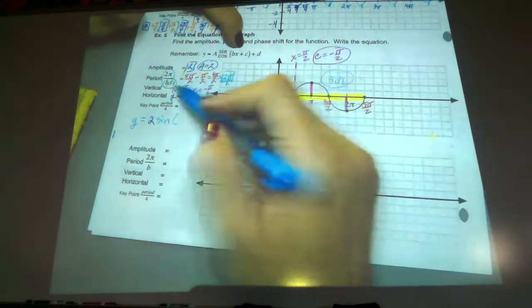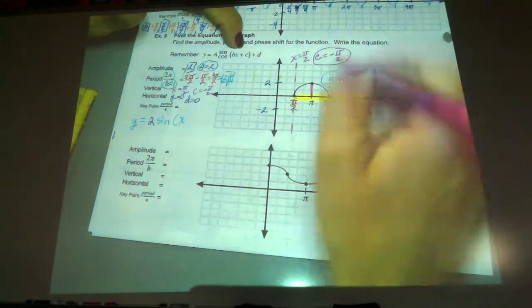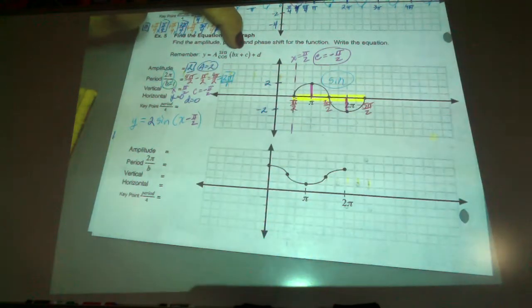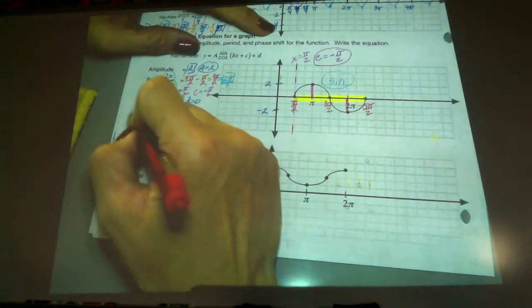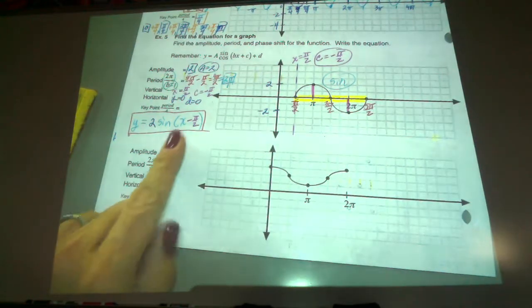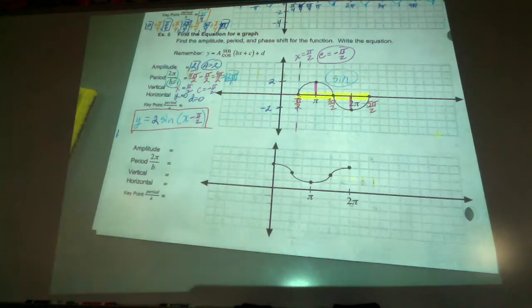My B was 1, so I just have an x. But my C was minus pi over 2. And since D is 0, I don't write plus or minus 0. So that's it. If I didn't have a right or left movement, I wouldn't have parentheses. Are there questions on that?